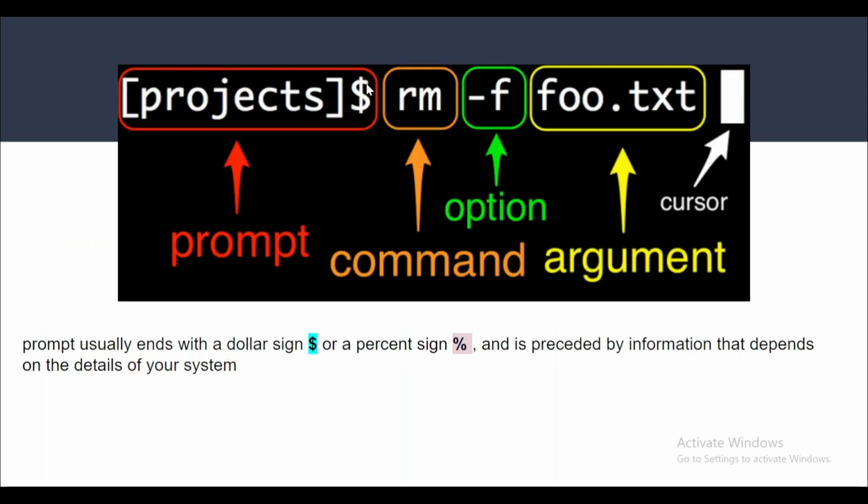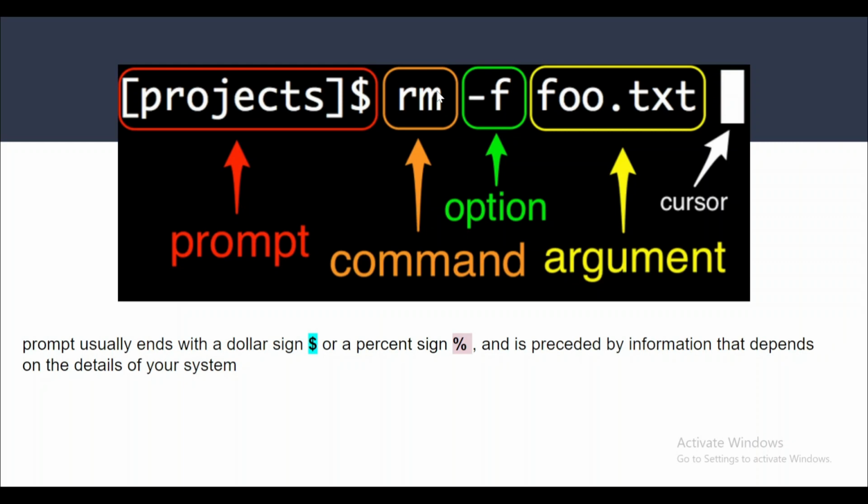Whatever is at the starting part with the dollar sign is called a prompt, and for every user this information will be different based on their laptop. After that you will see this rm. So rm is basically a command that you are telling to the computer. Right now this rm means remove.